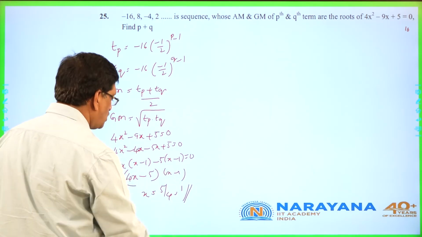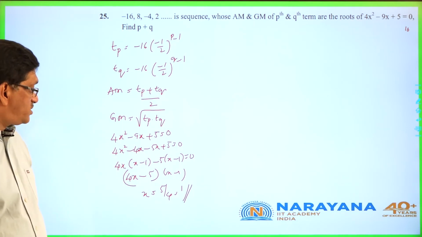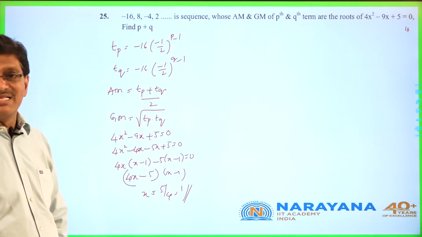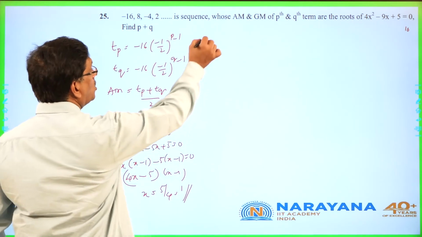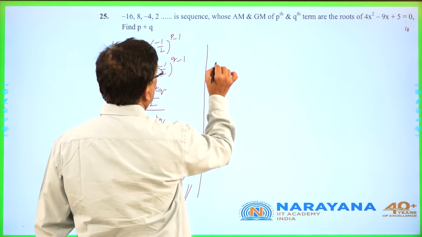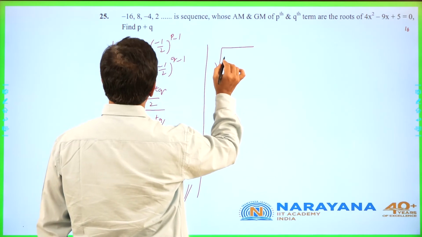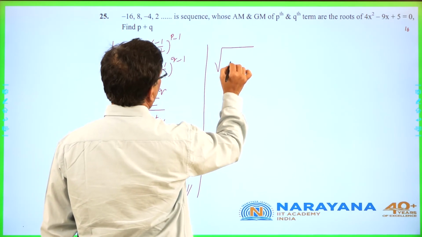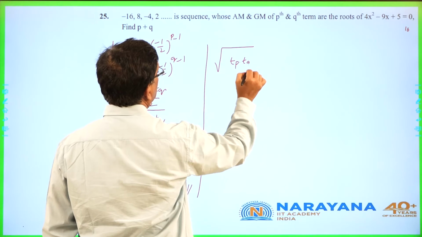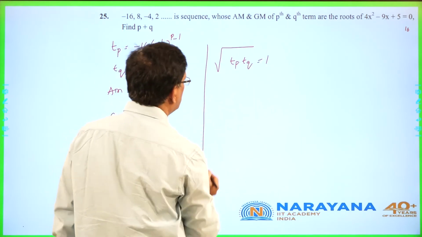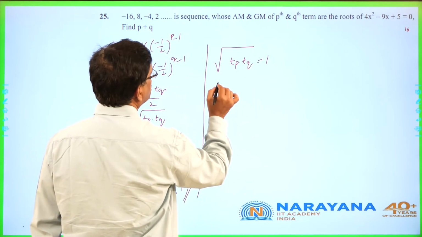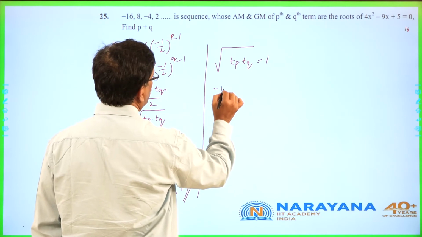So these are the roots. One root is 5 by 4, another one is 1. So now root of TP into TQ is equal to 1, right? Square it on both sides.